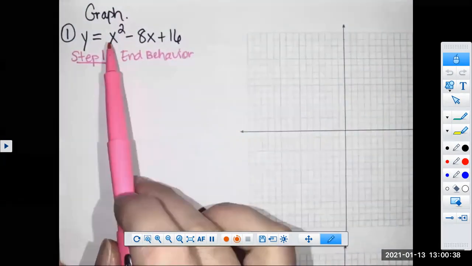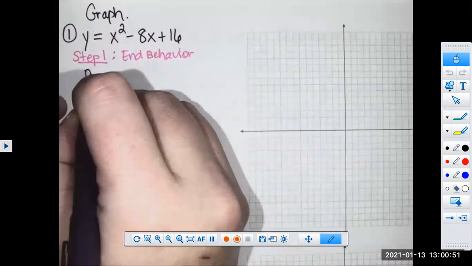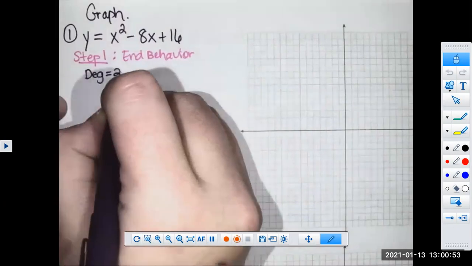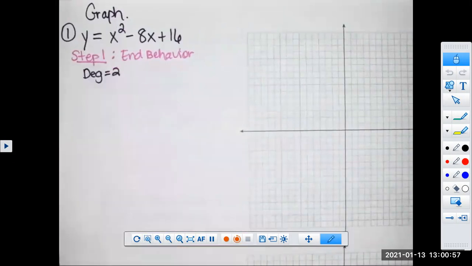What is your degree? What's the highest exponent in this? Your degree is 2. That's the highest exponent that you have. And what's the coefficient in front of x squared? What number is in front of x squared? 1. So it's positive.